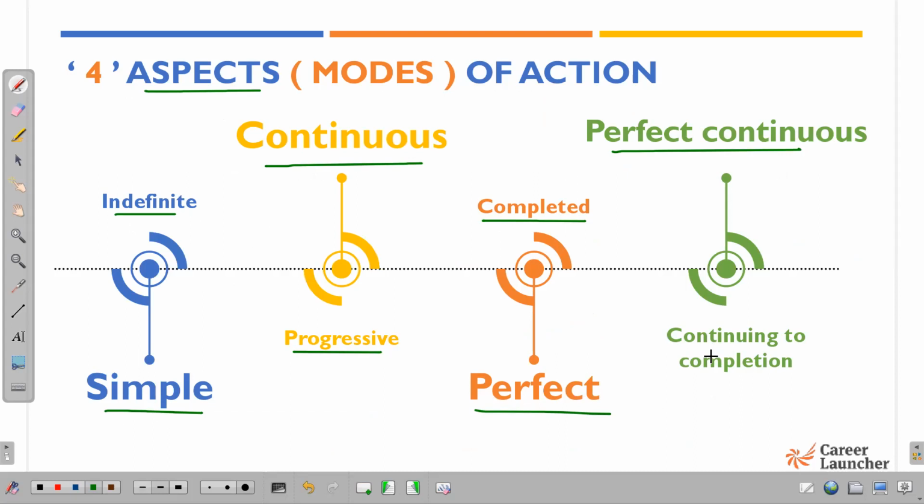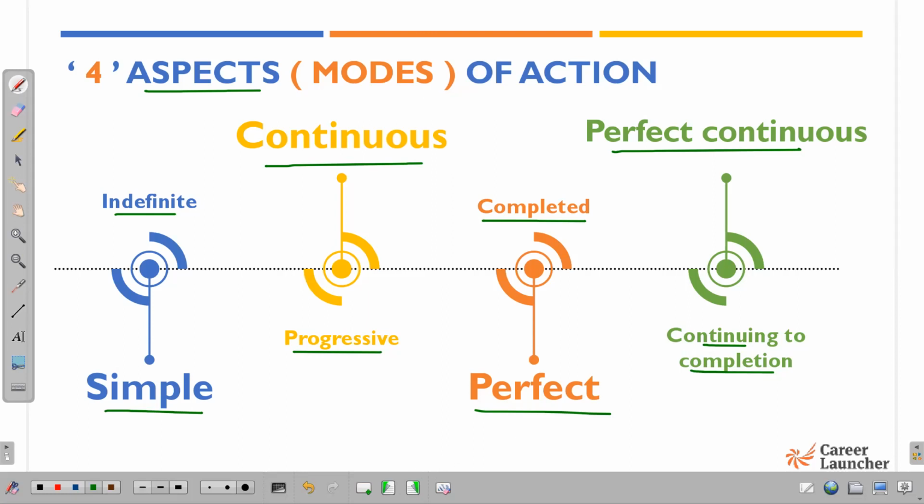It is continuing, and whenever the point of observation interrupts that, it is moving towards completion. Those are the 4 basic aspects of the action.